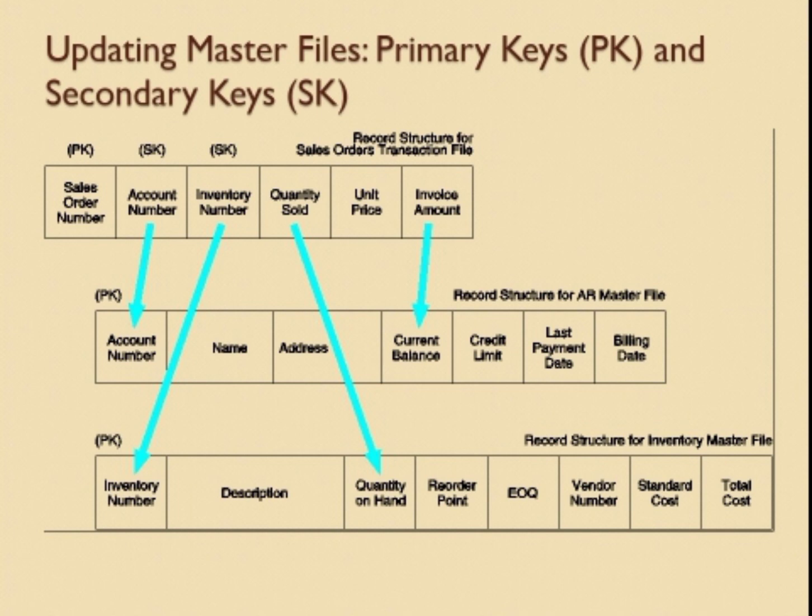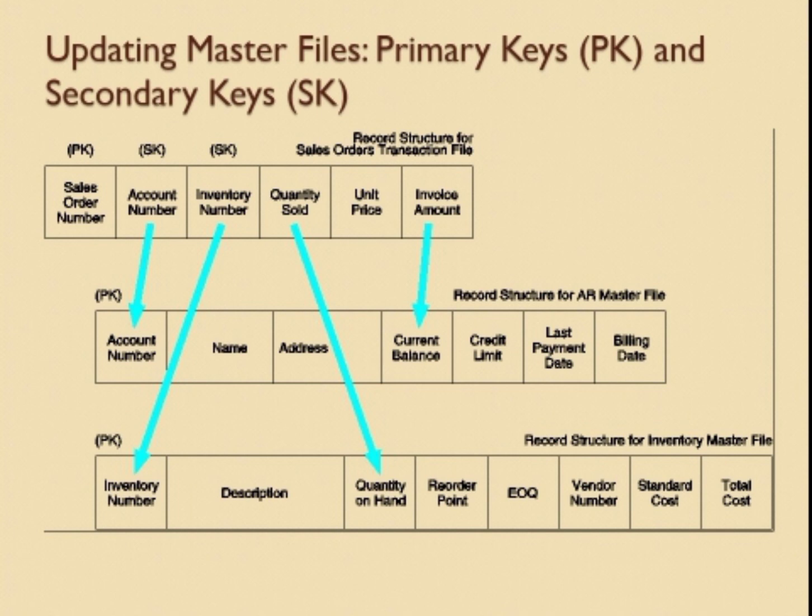Then, number 2, account number is used to search the AR master file and retrieves the corresponding AR records. 3. The AR update procedure calculates the new customer balance by adding the value stored in the invoice amount field of the sales order record to the current balance field in the AR master record.